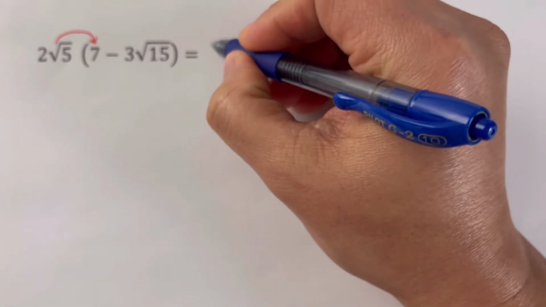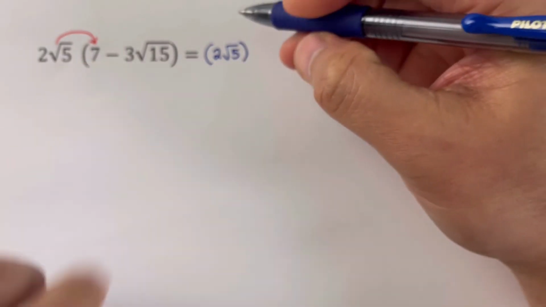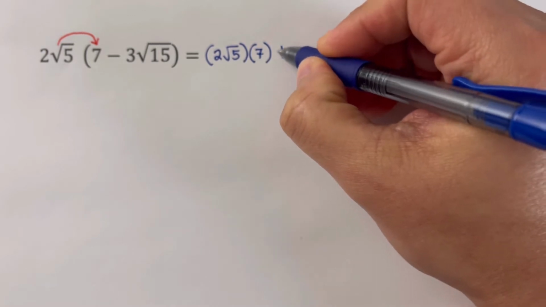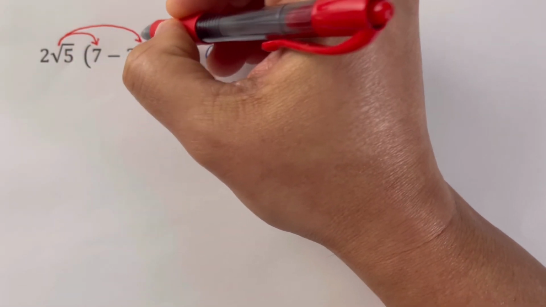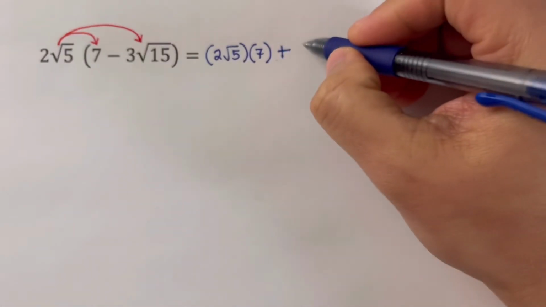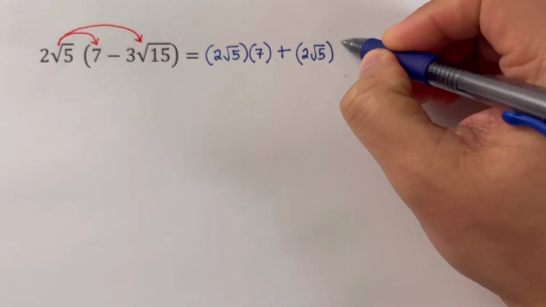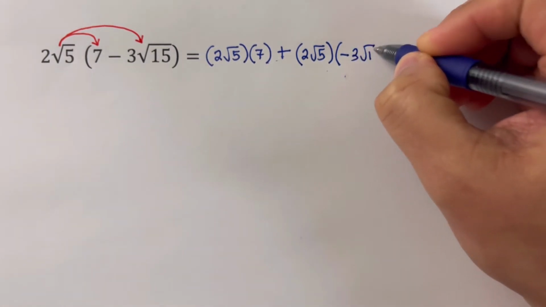So that would be 2 square root of 5 was multiplied to the first term inside the parentheses. So that is times 7. And then plus, we are going to distribute this 2 square root of 5 as well to the other term. So that would be 2 square root of 5. And then that is multiplied by negative 3 square root of 15.